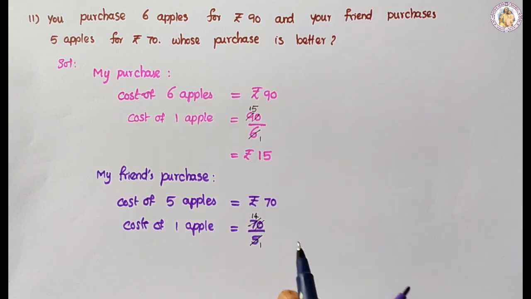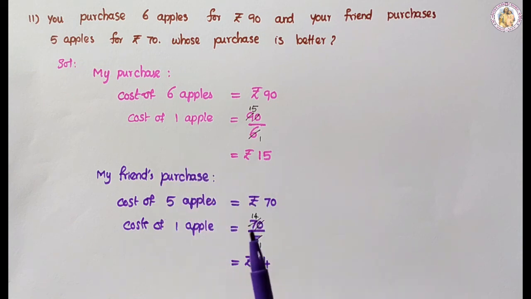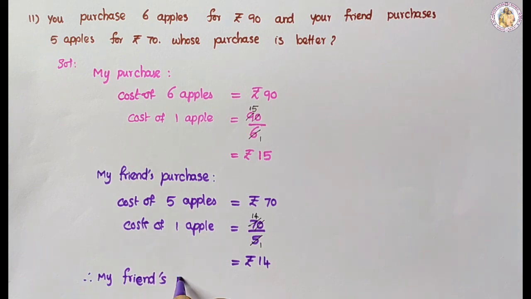That is 4 times. So rupees 14. So cost of one apple in my purchase is rupees 15. Cost of one apple in my friend's purchase is rupees 14. So which one is better here? My friend's purchase is better. That is the answer.